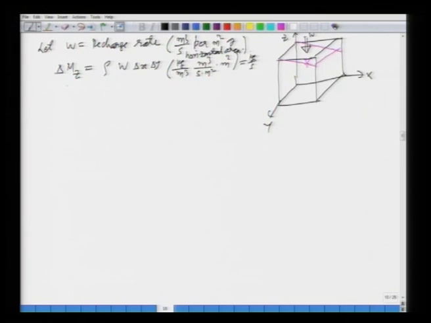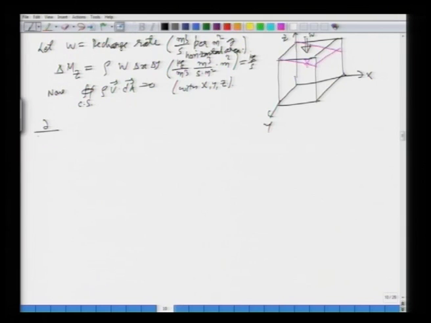Now, if you apply the integral of rho v dot dA equal to 0, considering x, y, z all the directions, then what are we going to get?